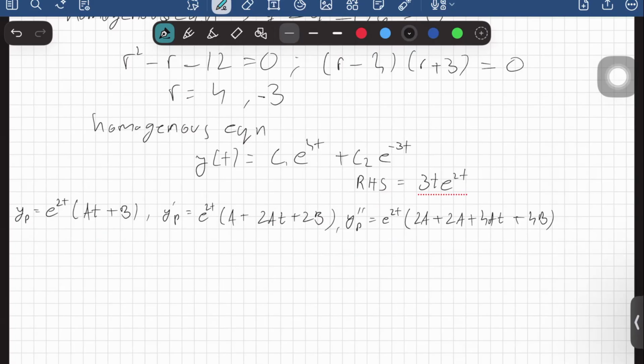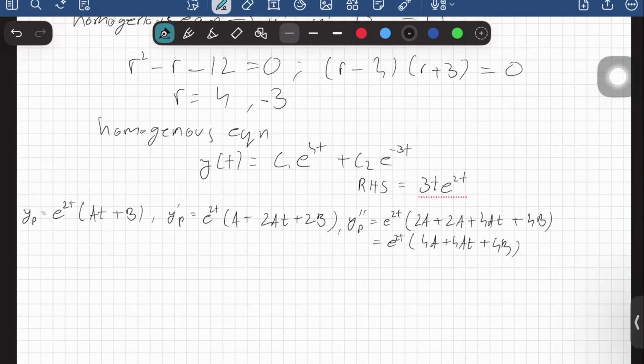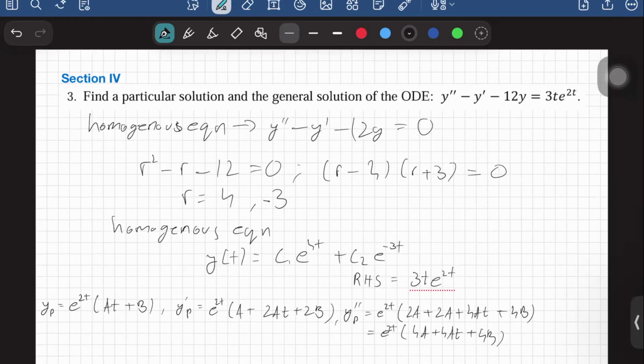Okay, so if we simplify this, what we end up getting is 4a plus 4at plus 4b.